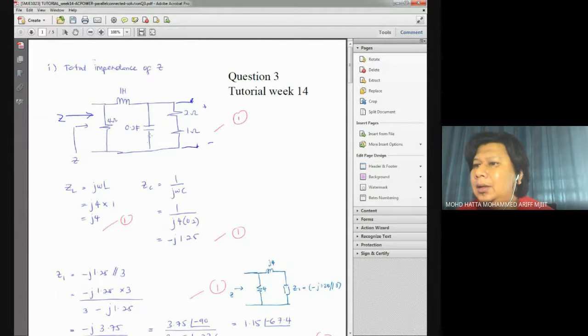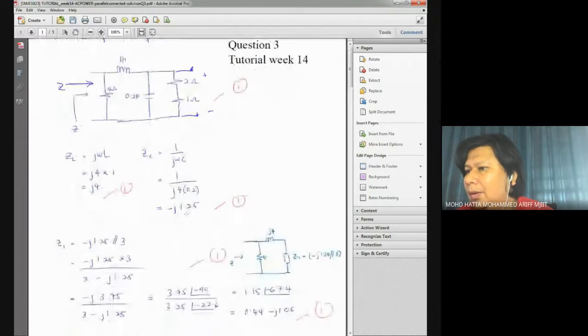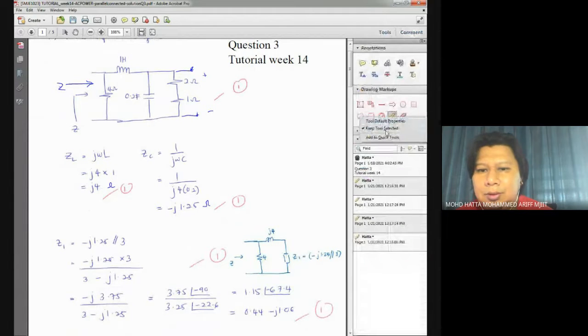So now we have the inductor 1 Henry converted into ZL, which is j4, and the 0.2 Farad converted into its reactance value ZC, which gives us negative j1.25, because the point is missing over here. Both units are ohms.